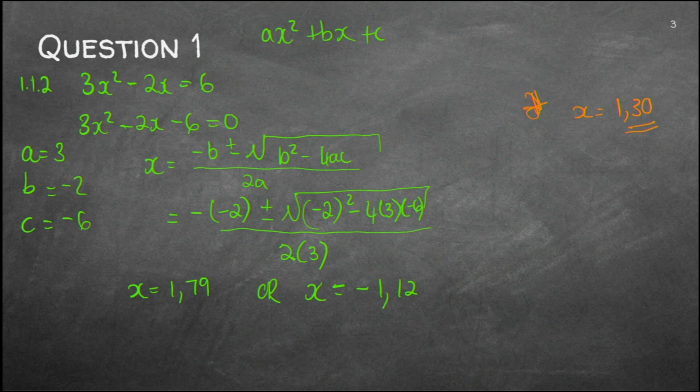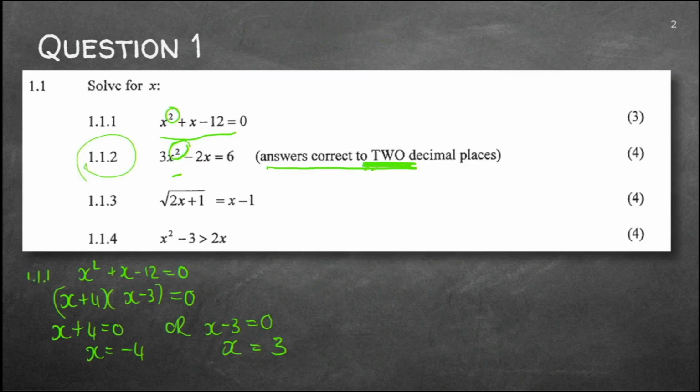If the question states 2 decimal places, the answer must be in 2 decimal places. So just remember that, 1,30, but in this case it worked out perfectly as everything had to be rounded off. Okay, next question, let's have a look.